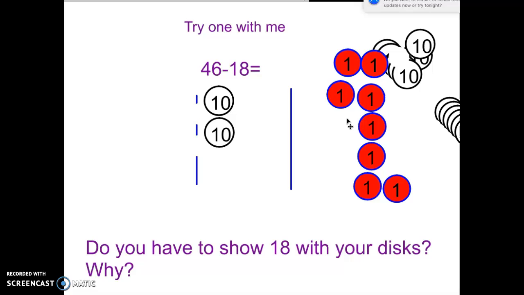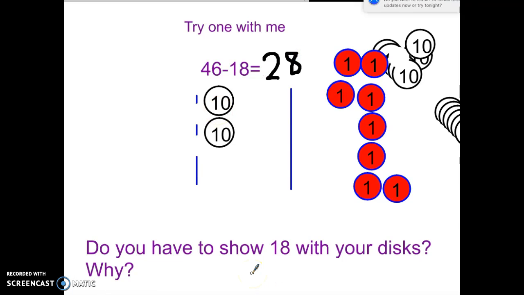All right, and what do I have left? I have, here's 5, 6, 7, 8, and 20, what? 28. And we write it down. Okay, and that's all there is to this.